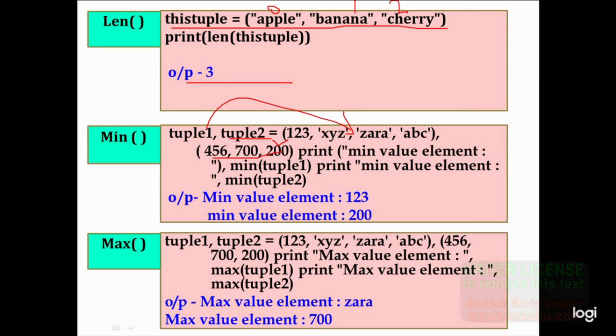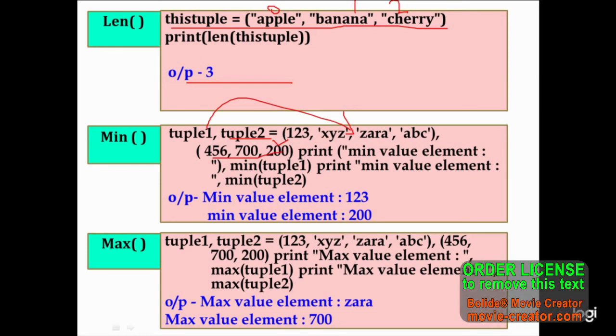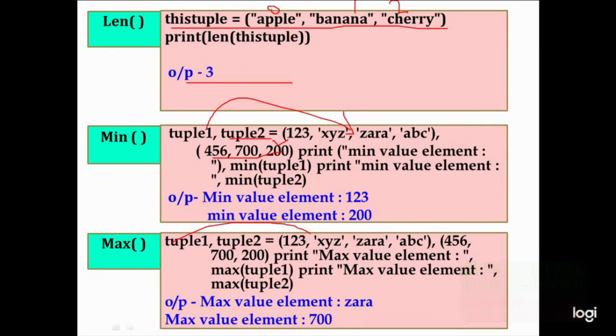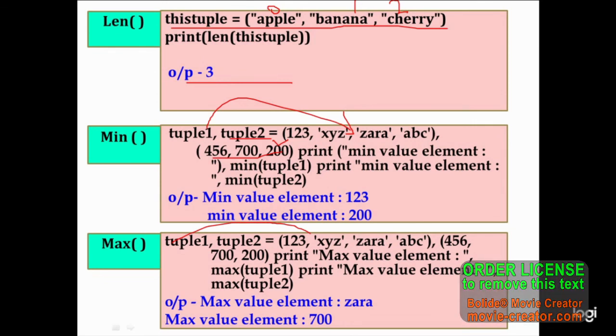Maximum, similarly, will return the opposite of minimum. Tuple 1, items are 1, 2, 3, X, Y, Z, Zara, ABC.